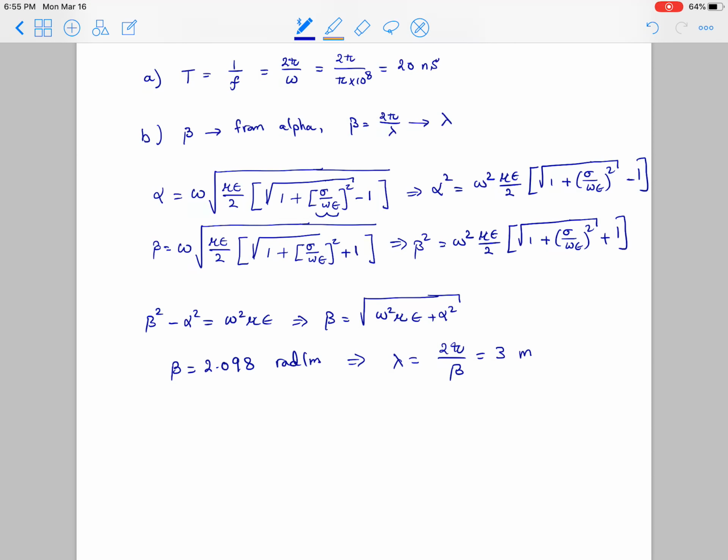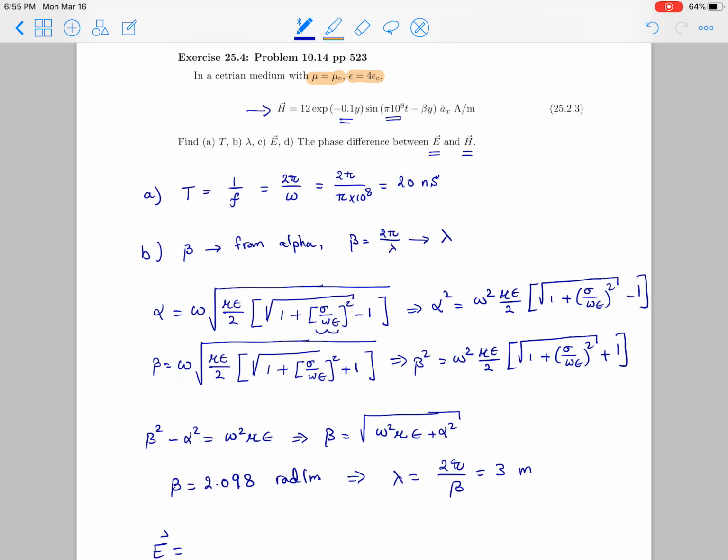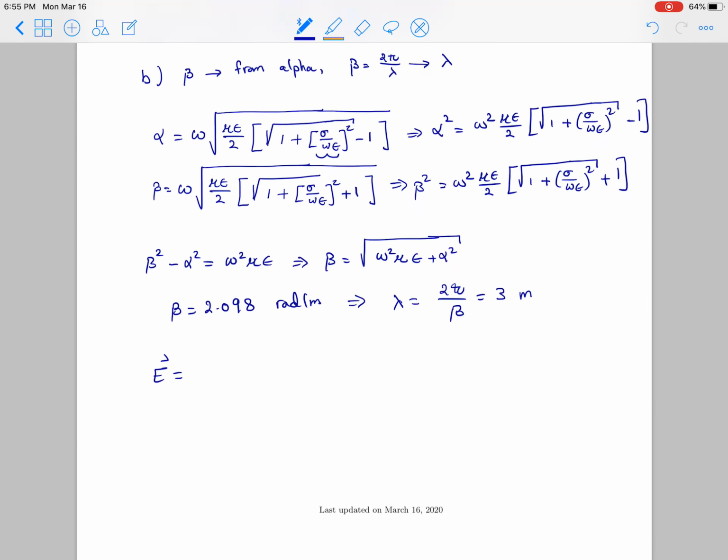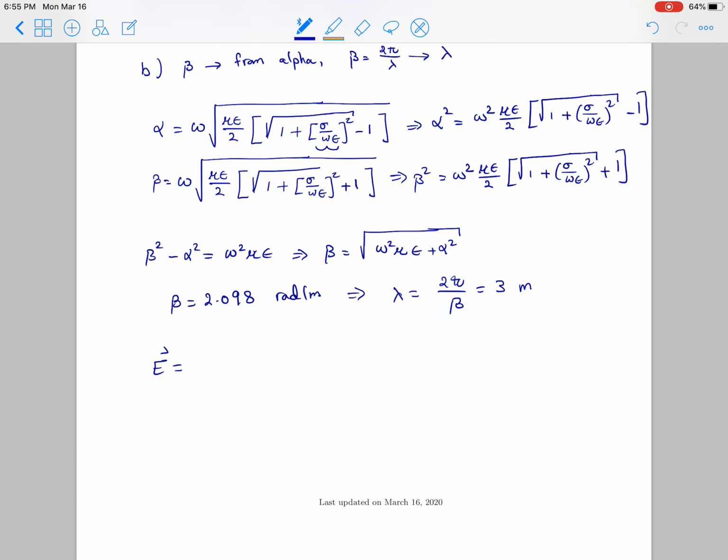So part C is asking us to find the electric field. So in order to find the electric field, we need actually to find the intrinsic impedance. So the only missing piece here is actually the loss tangent, and we'll see why.